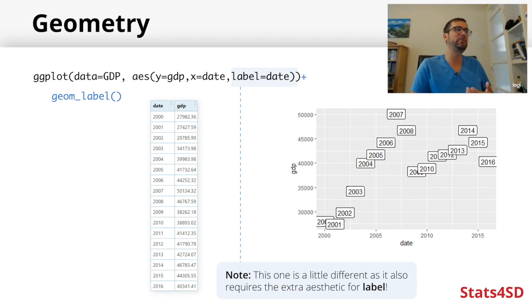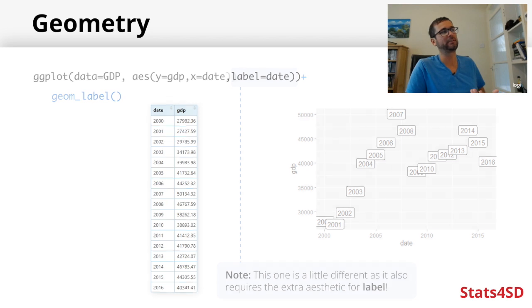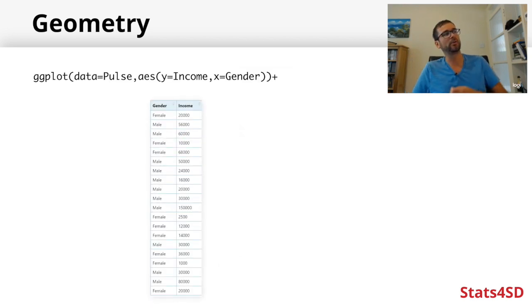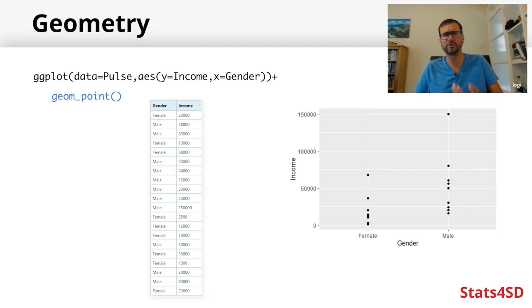However, let's say we had a slightly different setup. Let's say we had data on gender and income. And here it's a little bit different, because gender in our data is a categorical variable. And so the range of geometries available to us is a little bit different. So we could still do point, geom_point would still work here, but say geom_line or geom_col, they wouldn't necessarily work.